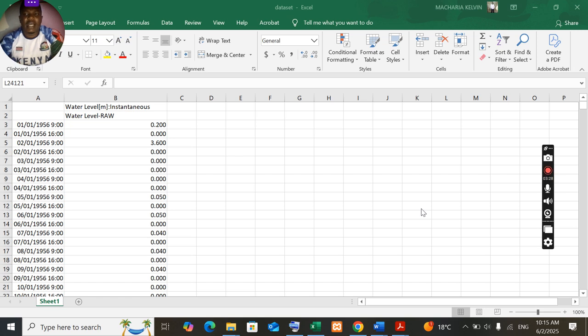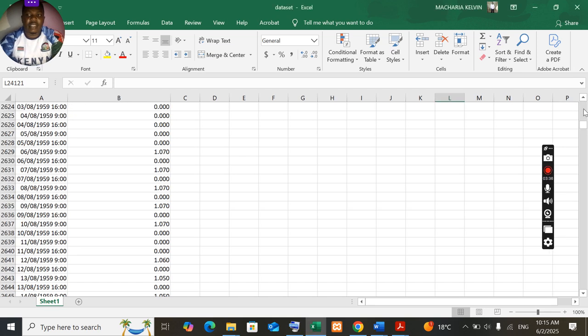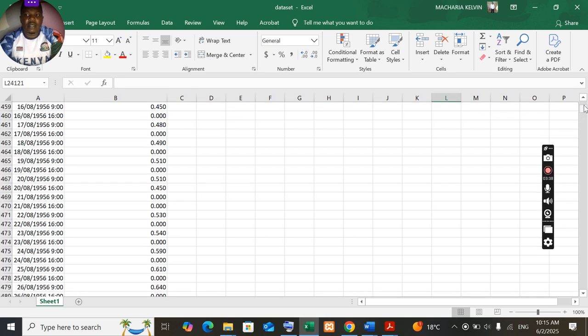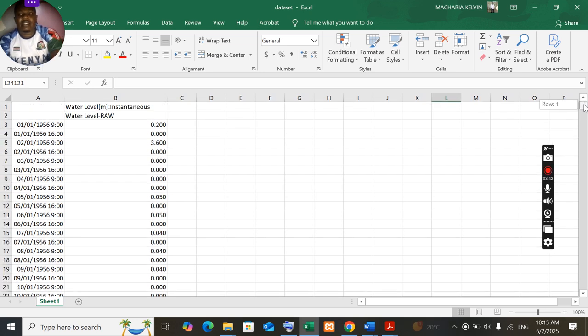To demonstrate that, I may use this given data set here, for instance, on water levels. At times we can use the water levels to help us see if there is a given decision that needs to be made.